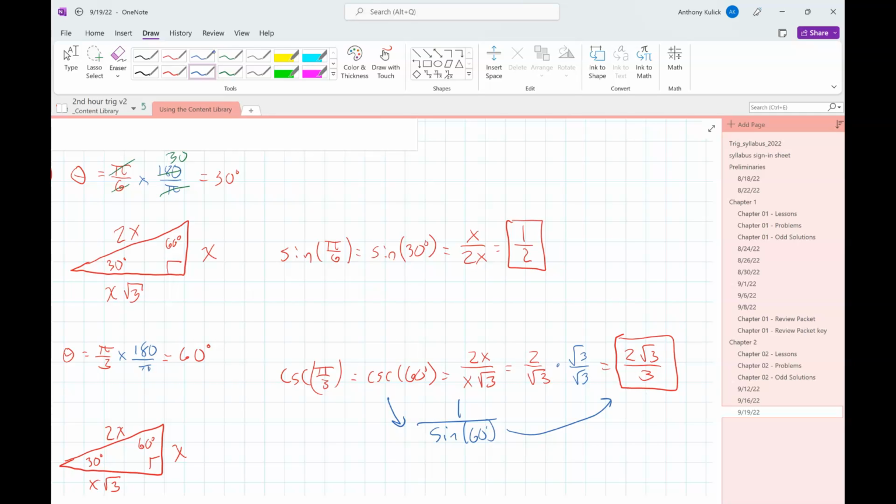But I probably would have passed on that. Well, I did pass on that. It seemed less confusing to just use my definition of cosecant of hypotenuse over opposite rather than 1 over sine. Although not incorrect to do it that way, just for the record.